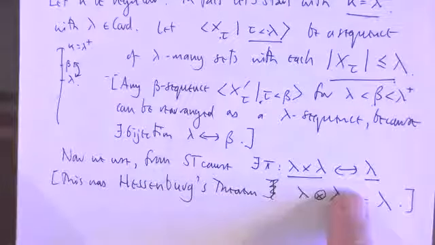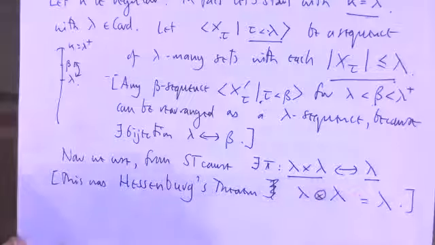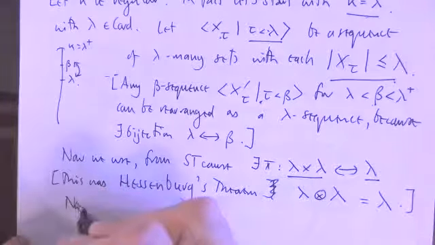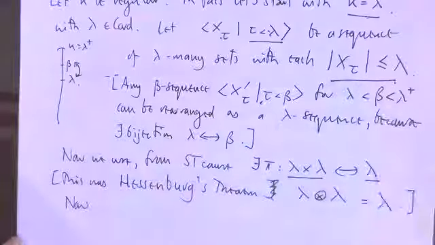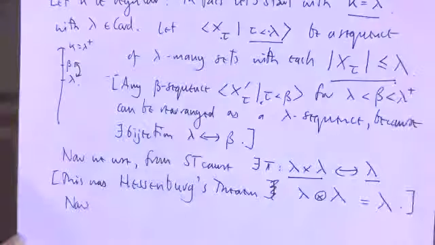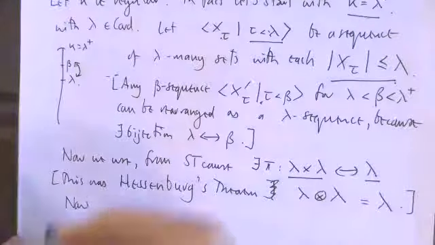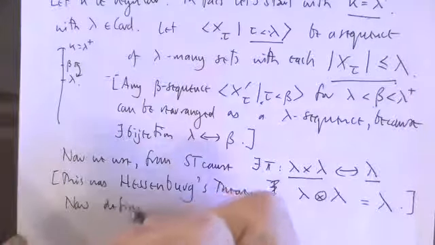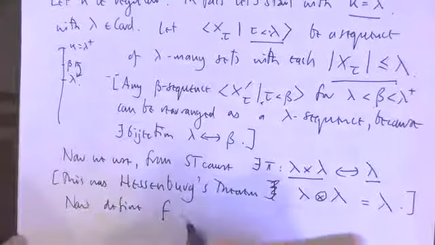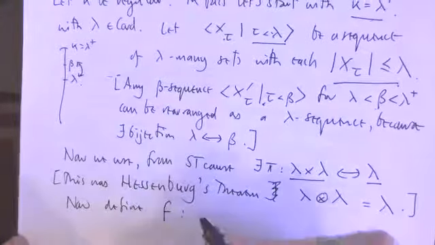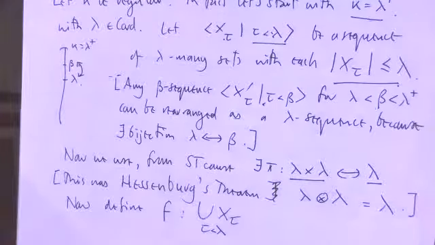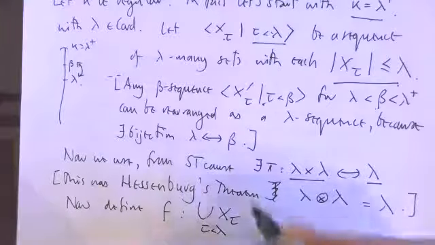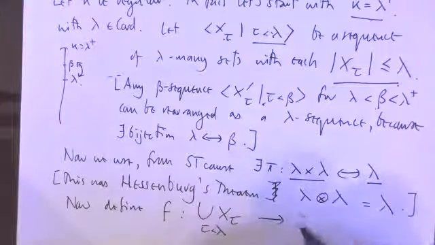And now if I've got this, it's kind of easy. I take the collection of x tors I've got, I take some function f here. I look at the union of the x tors, tor less than lambda, and I send this to lambda.